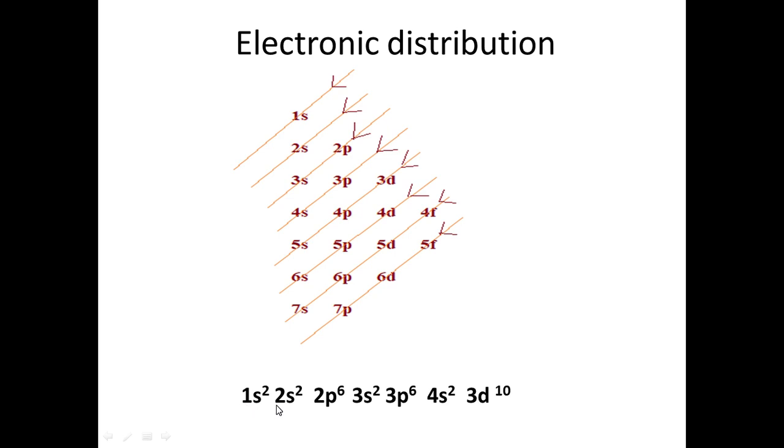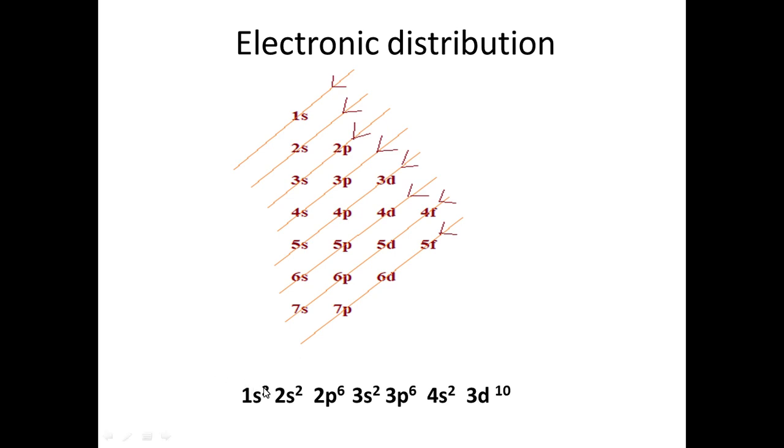Second represents the second shell, that is the L shell, and third represents the third shell, that is the M shell. S, P, D, F notations represent the subshells, while the superscripts, which show numbers 2, 2, 6, 2, 6, 2, 10, represent the number of electrons to be filled.